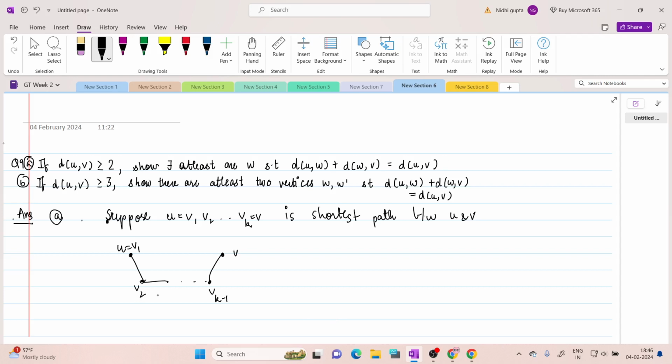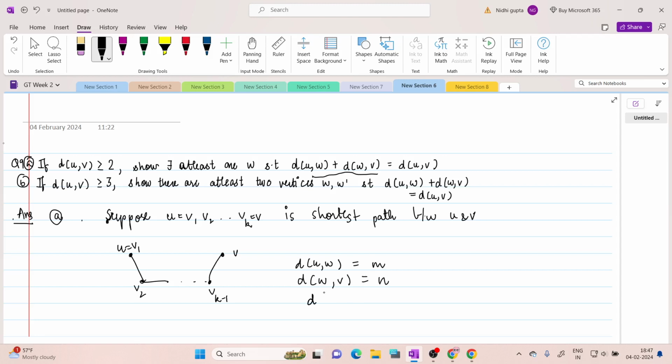So can you find me one such vertex which is satisfying this equality? First of all, one thing is always true. Suppose d(u,w) is m, and d(w,v) is n.